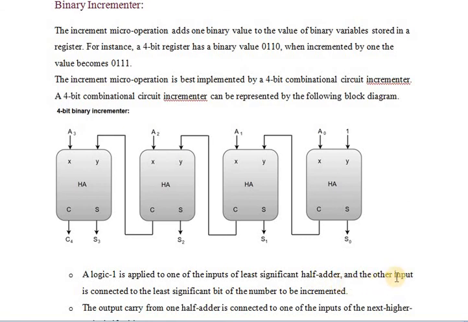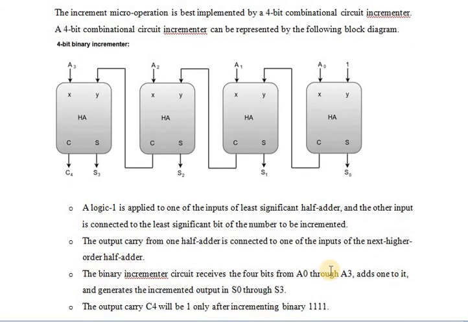See here, the logic 1 is applied to one of the inputs of the least significant half adder, and the other input is connected to the least significant bit of the number to be incremented. So this is how they are connected. The output carry from one half adder is connected to one of the inputs of the next higher order half adder.